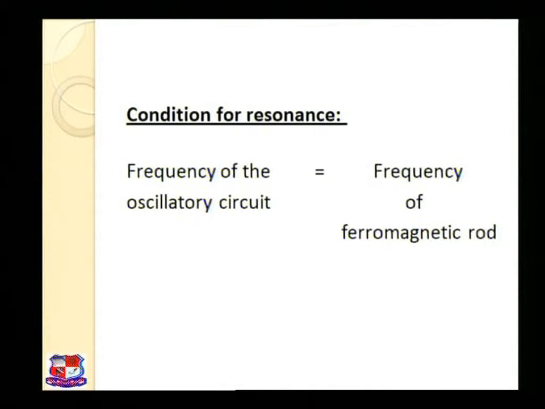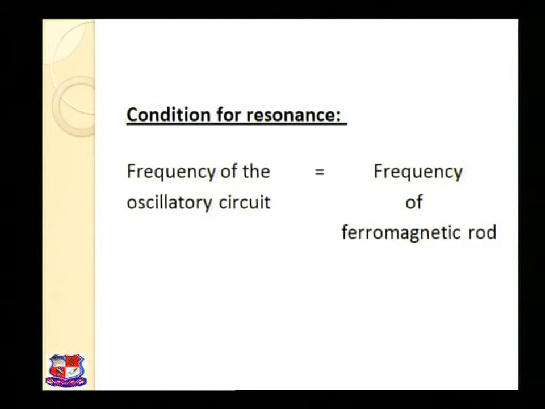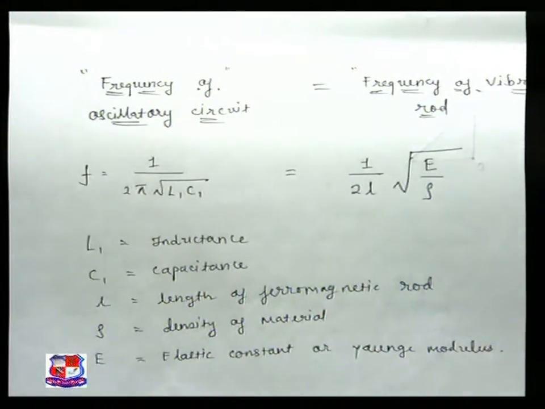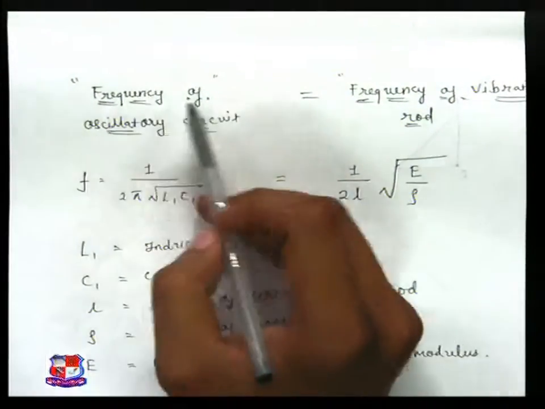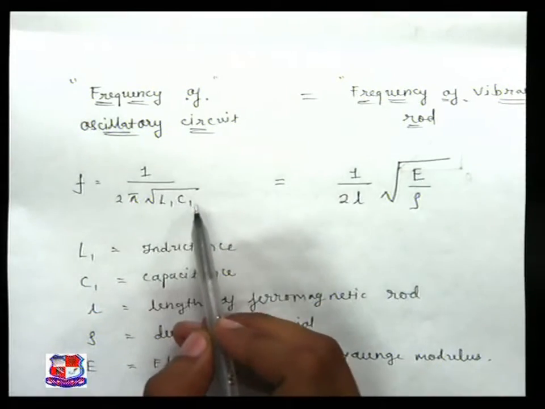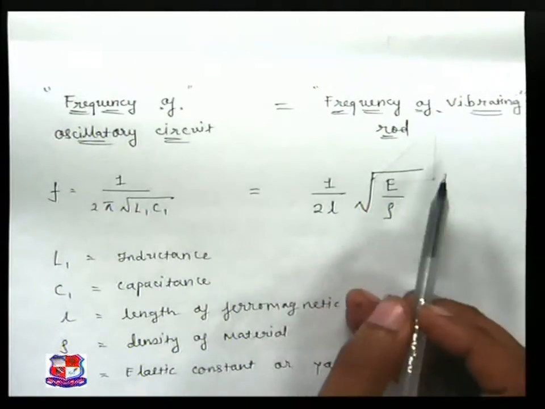On the next slide, you can see the condition for resonance: the frequency of the oscillatory circuit is equal to the frequency of the ferromagnetic rod. The frequency of the oscillatory circuit is f equals 1 upon 2 pi under root LC, and the frequency of the vibrating rod is 1 upon 2l into under root E upon rho.